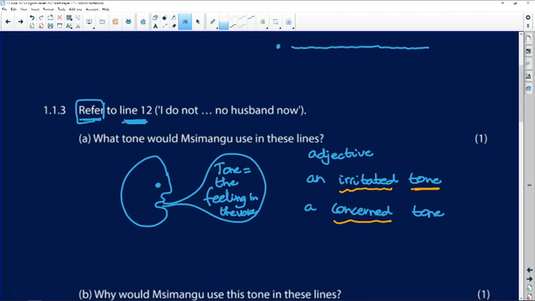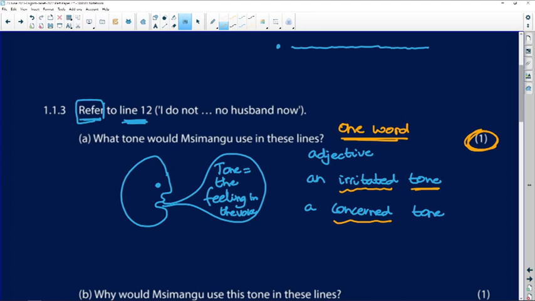And in that way, you would get a better answer. That's what I'm looking for. But you go back to the lines and you say to yourself, what would the feeling be? And remember, you are providing one word for the tone, an angry tone. It's 1 mark. You are not describing the tone, you're saying an angry tone.